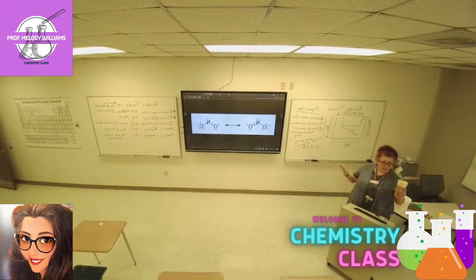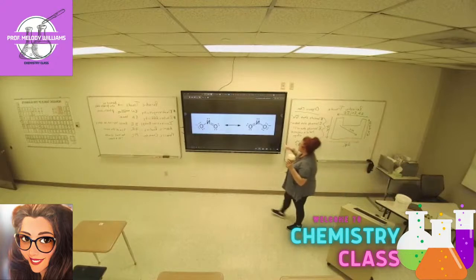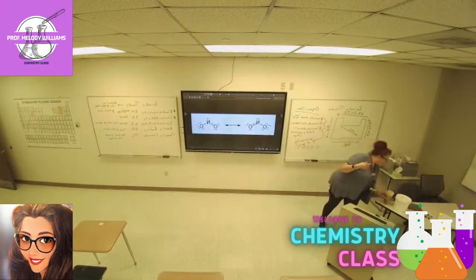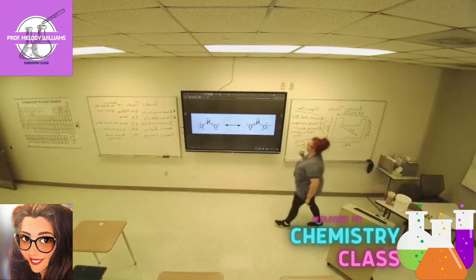This is called a resonance form. So when I think of resonance, I think of music, or if something resonates with me. It's like I get that, you know, I'm picking it up. Resonance in this case has to do with movement of electrons. So electrons are constantly moving.